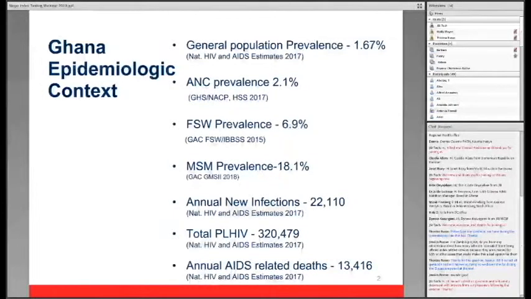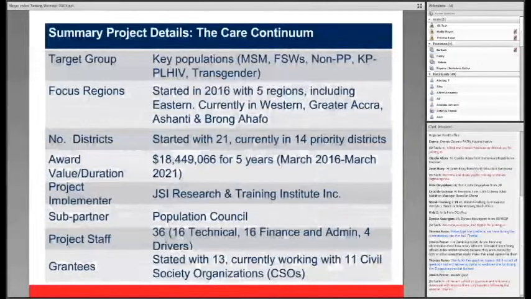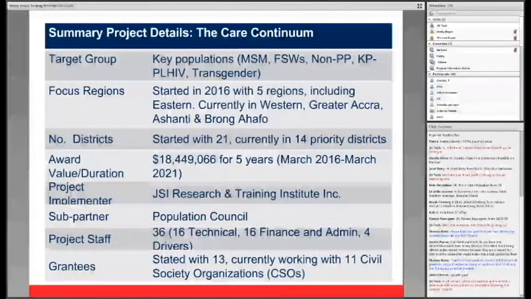The project is a 5-year project supported by USAID, and it focuses on key populations: MSMs, male sex workers and their non-paying partners, and transgender people. We work in 5 of the 16 regions in Ghana, and we started with 21 districts, and those have been reduced to 14 priority districts.